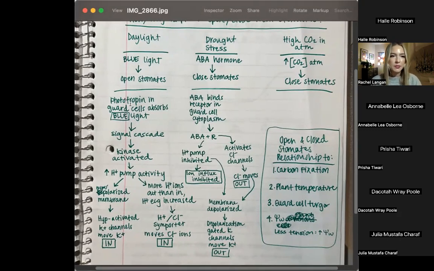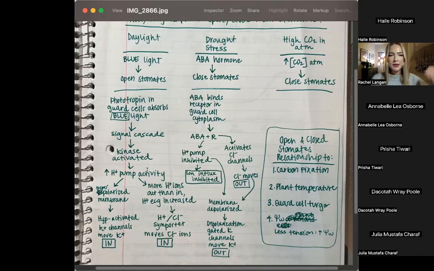In response to blue light, it's going to trigger a signal cascade that activates a kinase. Remember, kinases are proteins that phosphorylate things. So the kinase will phosphorylate the hydrogen pump and increase the hydrogen pump activity.